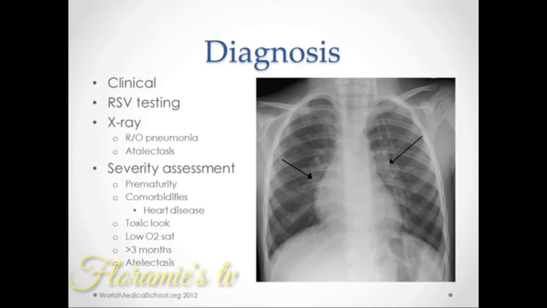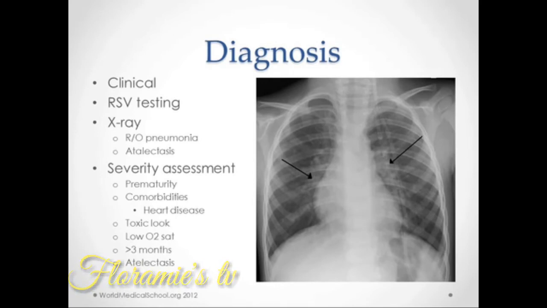X-rays are generally just used to rule out pneumonia. But once we get our X-ray, we might notice that we have atelectasis, and that will help us to determine how severe this bronchiolitis is. So when we're talking about severity, this is going to be a big factor in how we treat it.